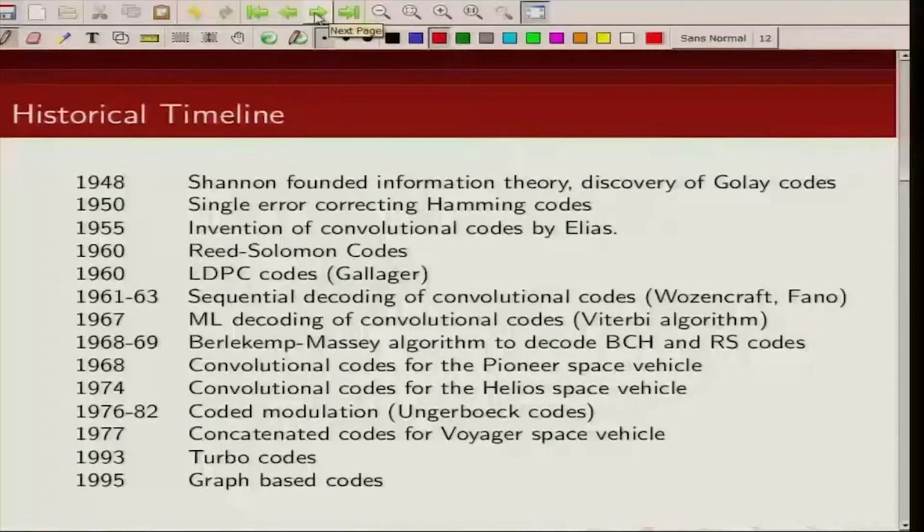As we know, in 1948 Shannon founded information theory, and then subsequently around 1955 Elias came up with convolutional codes.